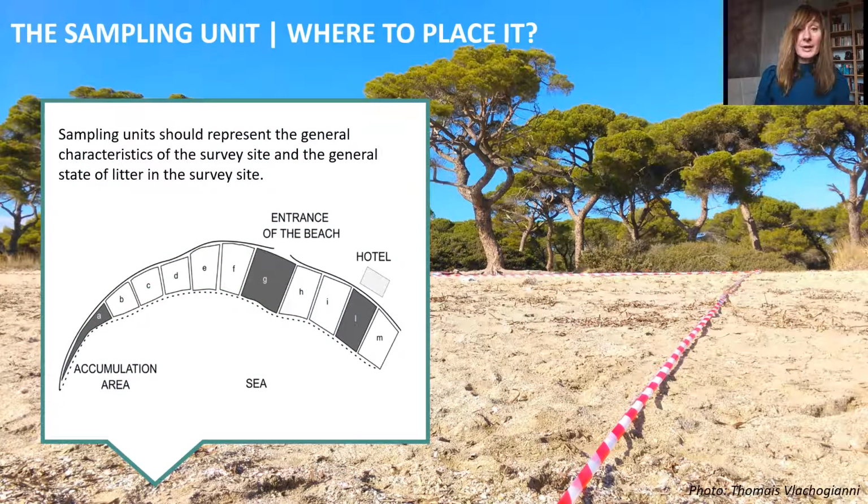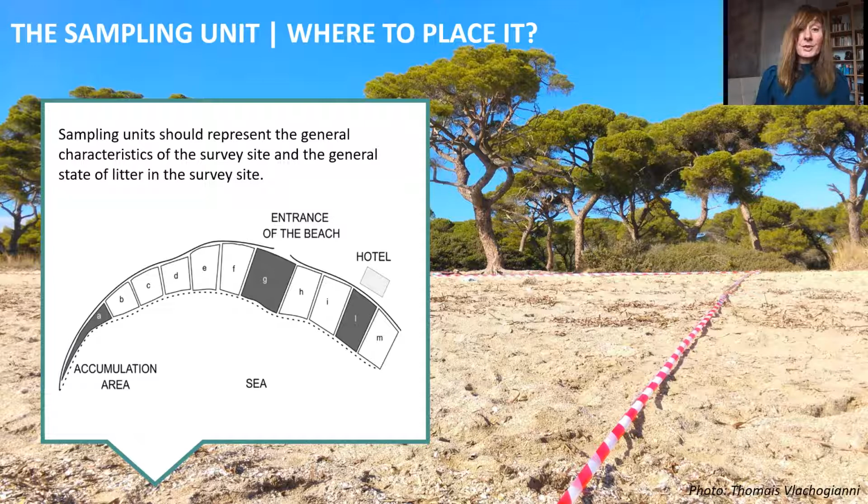Another important aspect has to do with where to place the sampling unit. Sampling units should represent the general characteristics of the survey site and the general state of litter in the survey site. Therefore, when we visit the survey site, we have to exclude from the potential location of the sampling unit the accumulation areas, and those areas that present some special features. For example, typically the edges of the beach are excluded because in some cases they might tend to accumulate litter.